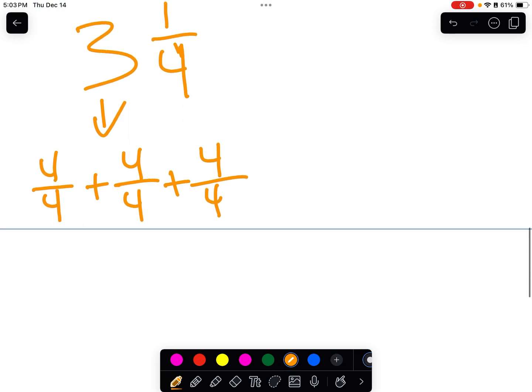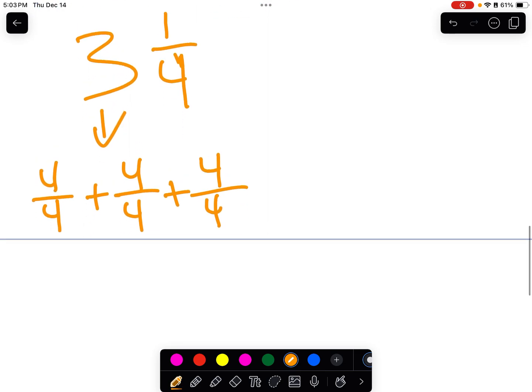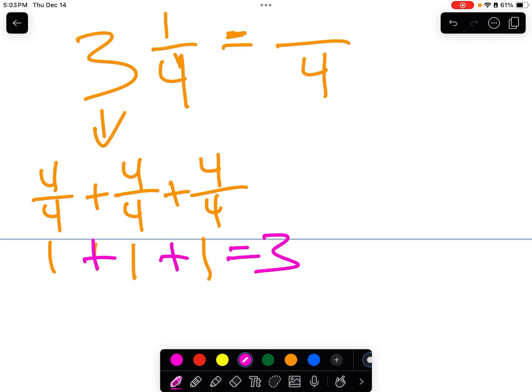Why is that? Because when we're dealing with this denominator of 4, we know that 4/4 actually equals 1. So really what we have is 1 plus 1 plus 1, which equals 3.